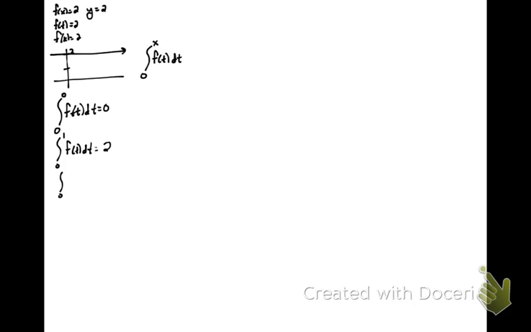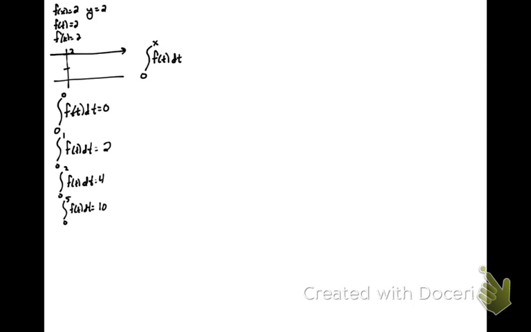And from 0 to 2, this is now changed to be 4. And if we went all the way to 5, the value of our original expression is now changed to 10.